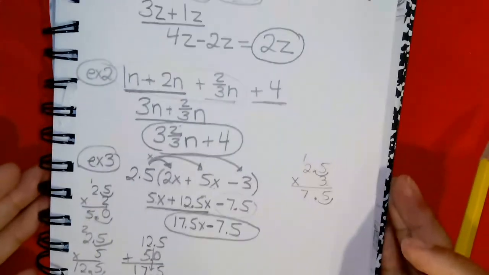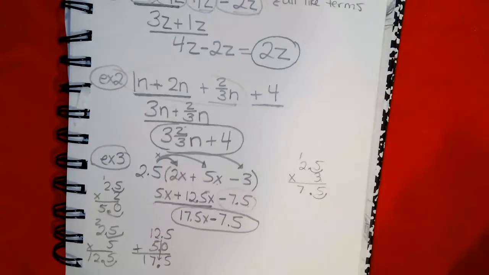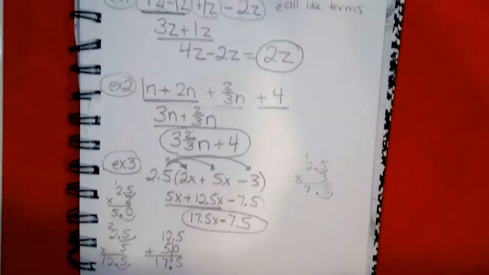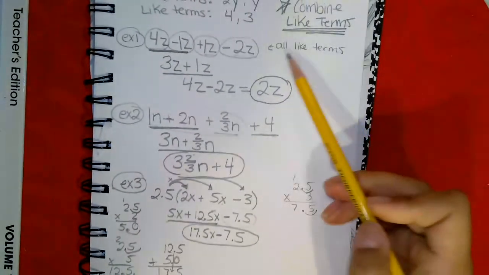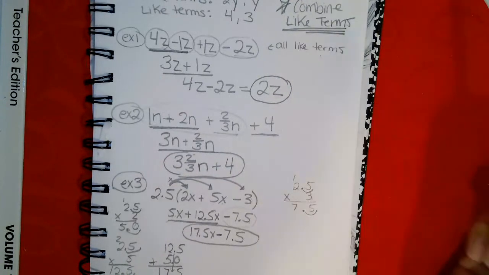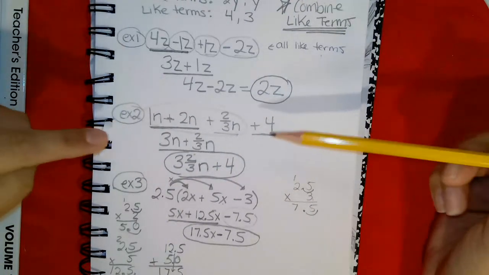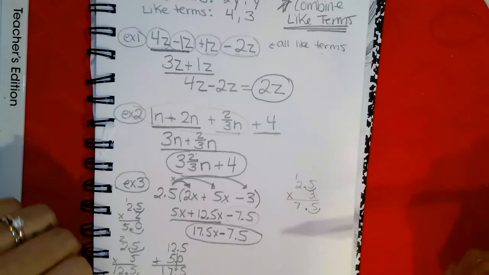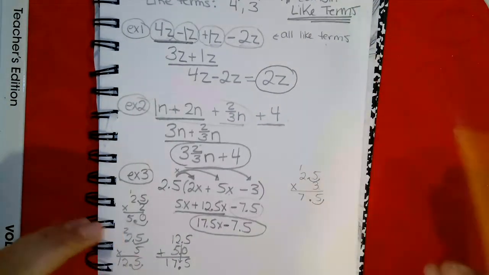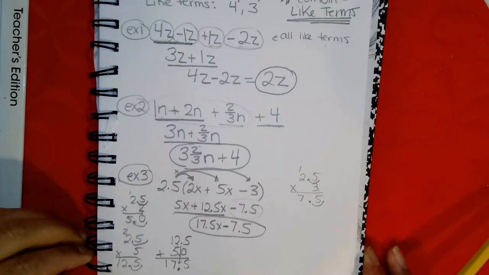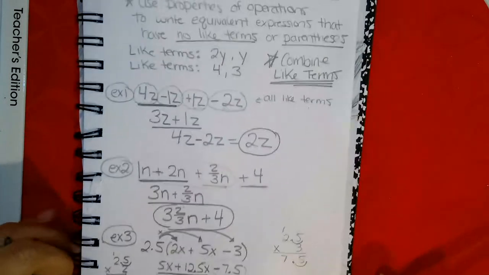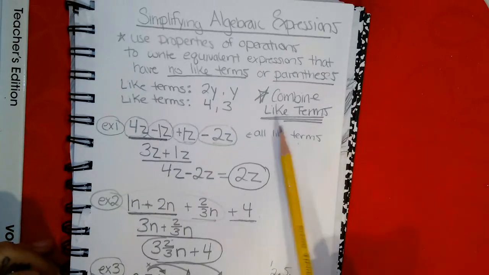So when you are simplifying expressions, make sure you are combining all like terms, okay? You can do it with whole numbers, you can do it with fractions, and you can also do it with decimals. So that is what we're going to be practicing today. How can we simplify algebraic expressions? By combining like terms.